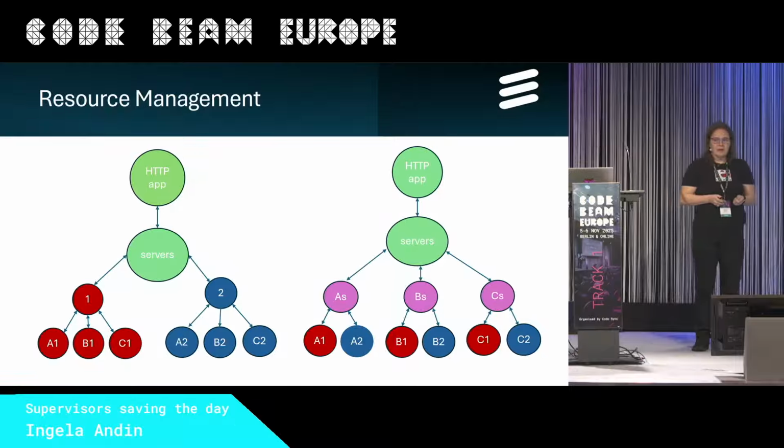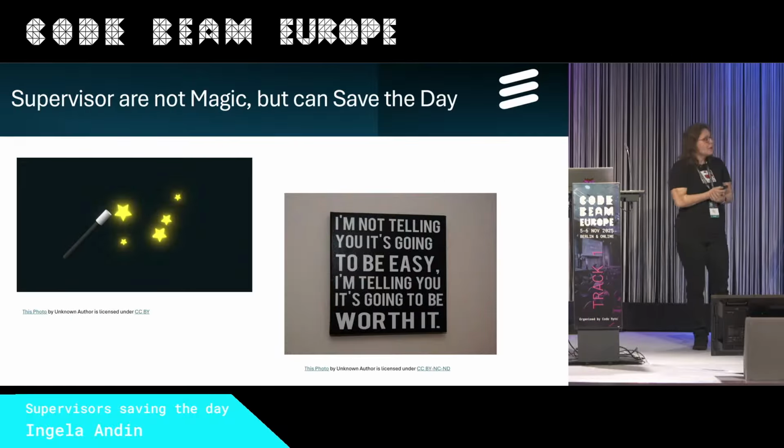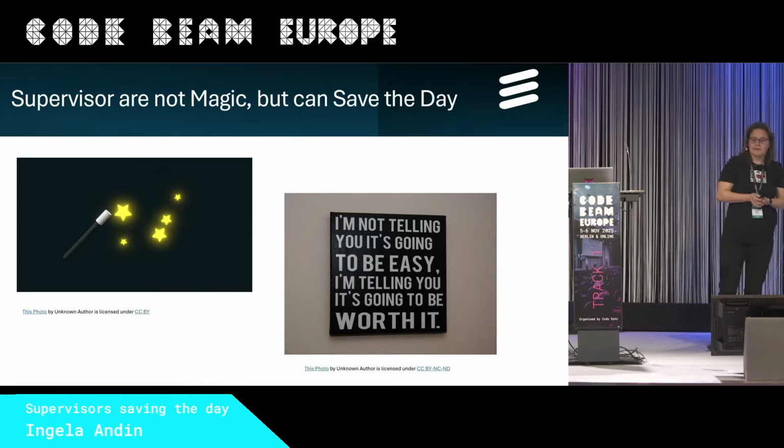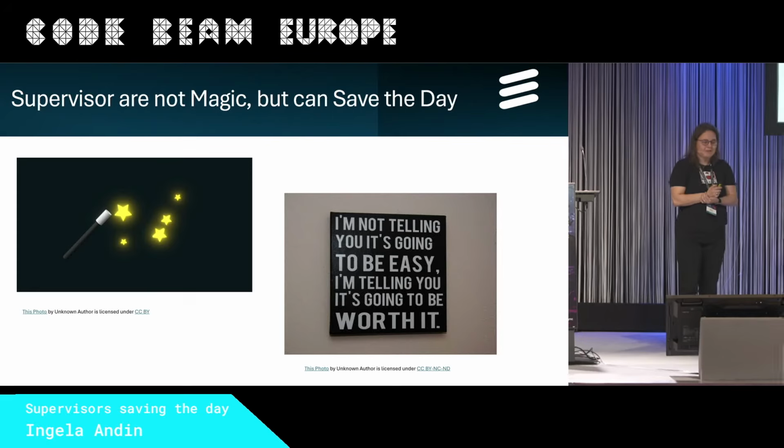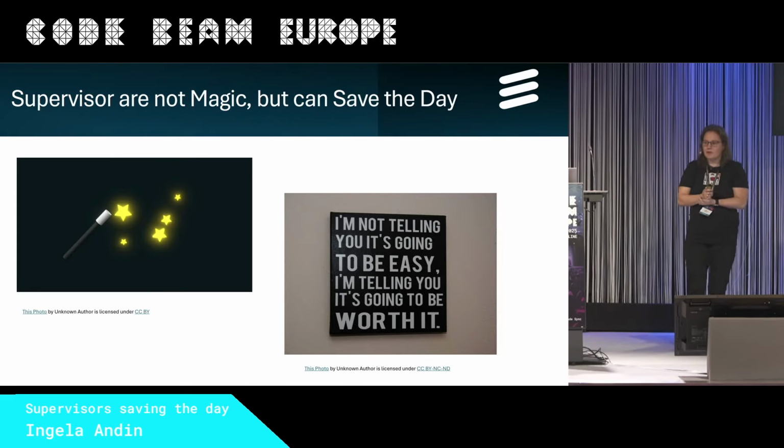So how you do it matters. I'm not saying supervisors are magic, and I'm not saying it's going to be easy to do this for your application. I'm just saying that if you do it properly, it's going to be worth it.